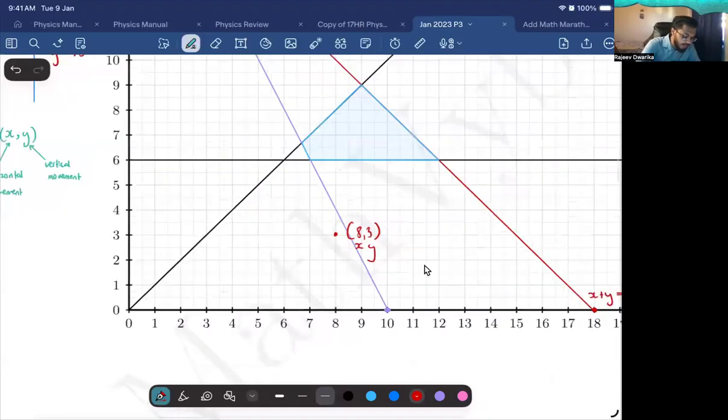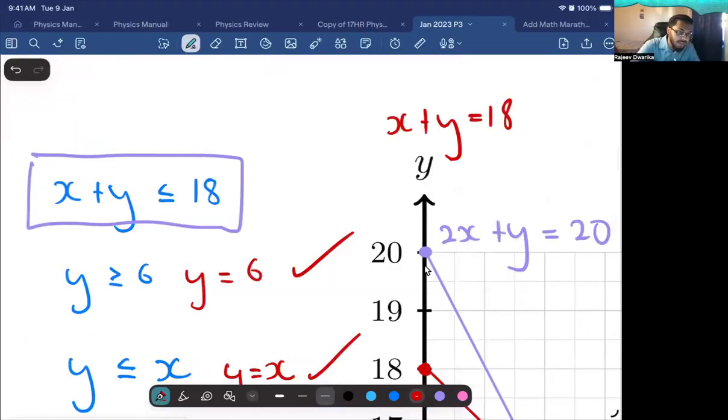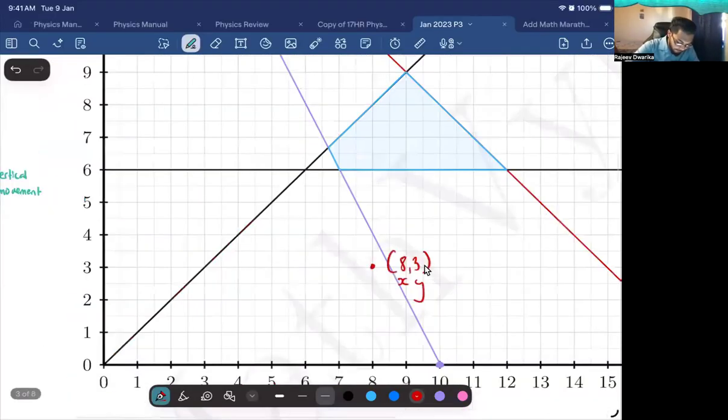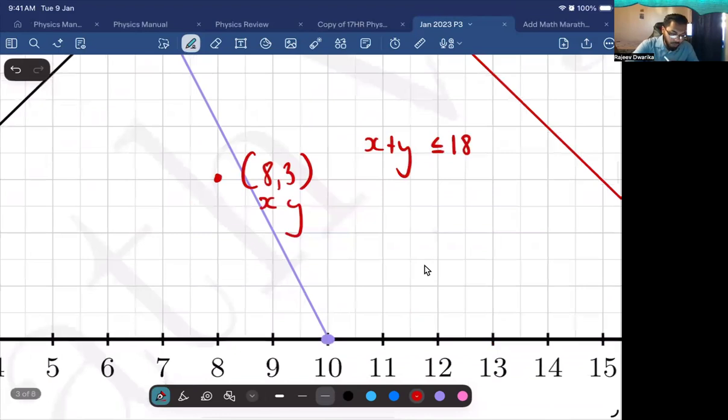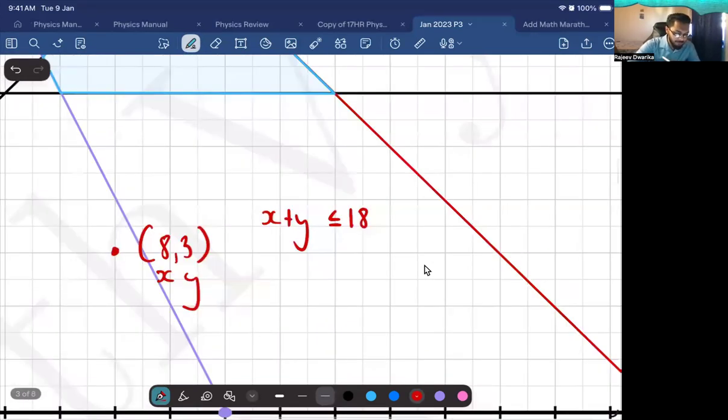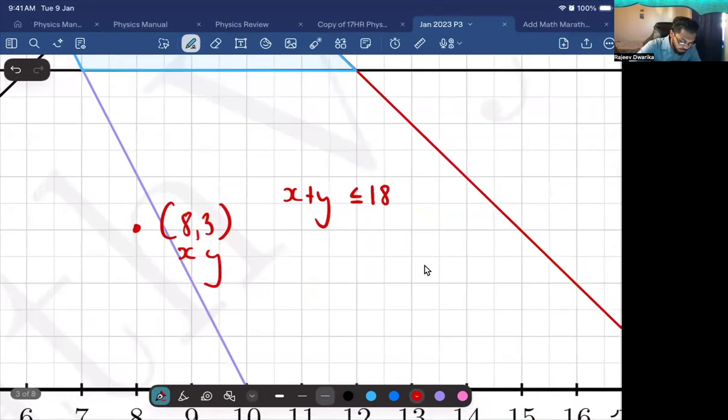And according to our inequality, x plus y needs to be less than or equal to 18, right? So question, what was x? 8. What was y? 3.